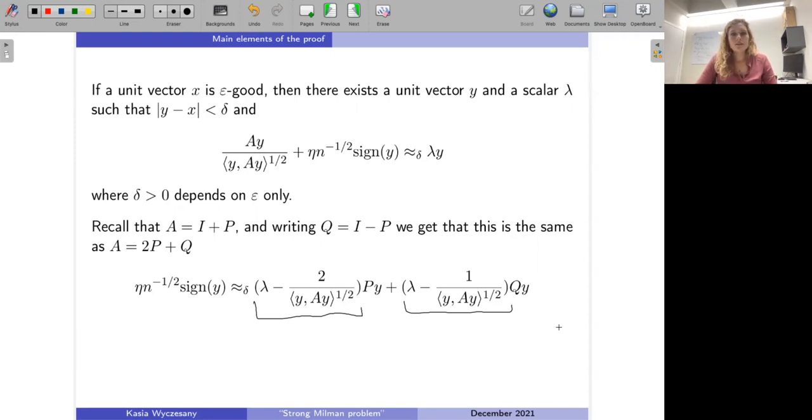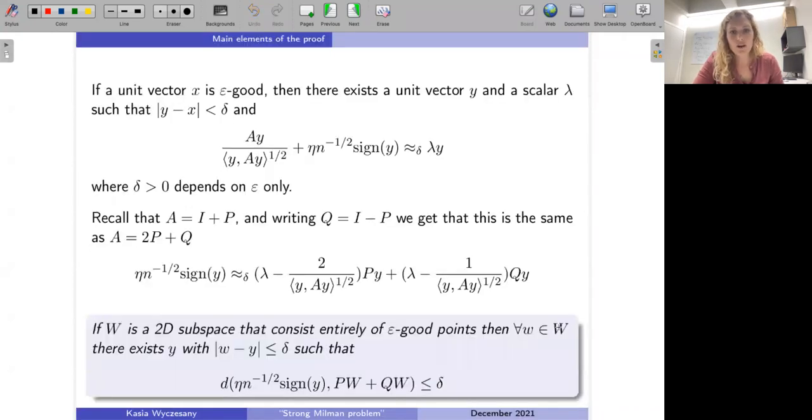Namely, it feels quite unlikely that vectors of the form sine y can fit into 4-dimensional subspaces. And let me make this statement a little bit more precise. So this is just a rewrite of what I said: the sine of y must be close to a sum of PW and QW, where W is a 2-dimensional subspace but consists entirely of epsilon good points.